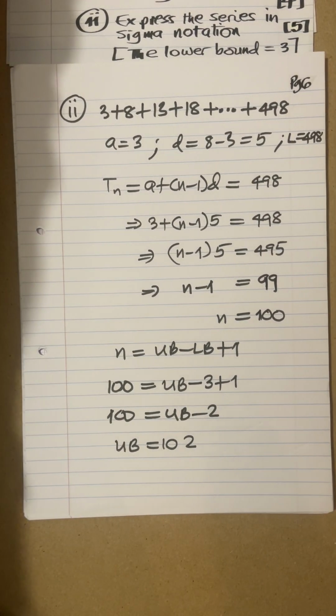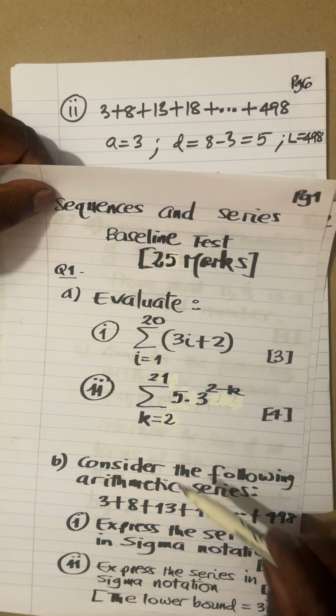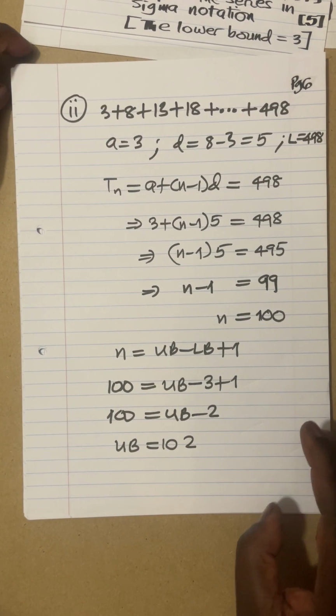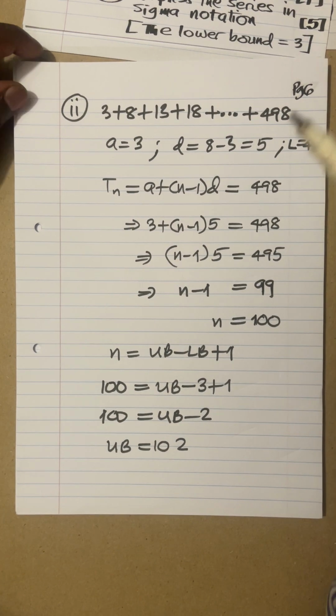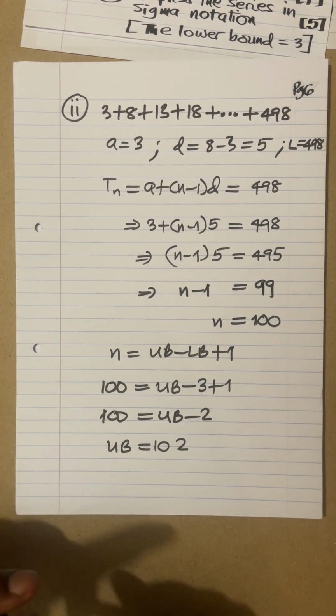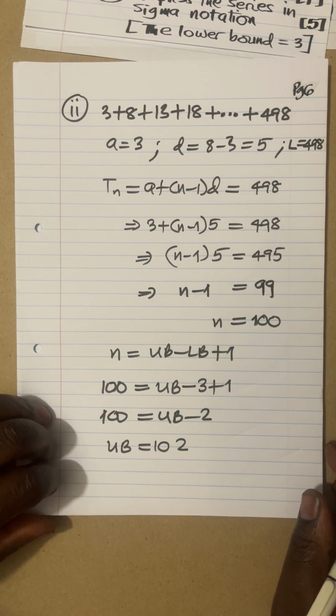So now, so far, we have obtained the lower bound and the upper bound. We need the expression there. Now, how do we determine that expression? Well, this is what we do. Remember, they are saying lower bound being equal to 3. So we are now going to say, let me go to the next page.